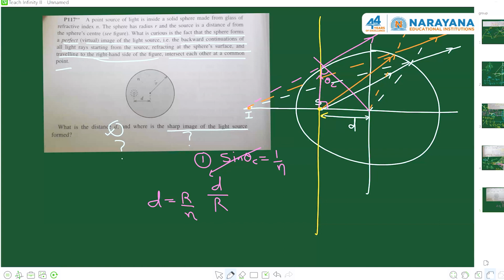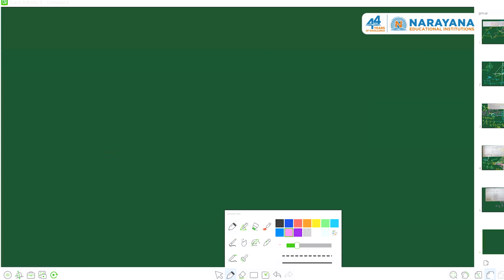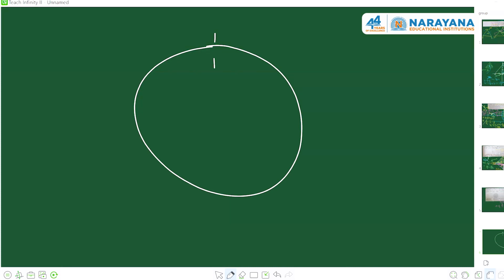There are two ways to look into the problem. We can approach it by Snell's law, and obviously we can write the same through Fermat's principle also. I'll first use Fermat's principle. Jay has asked a problem on the same this year also.